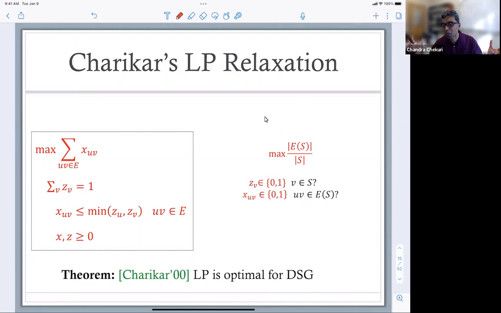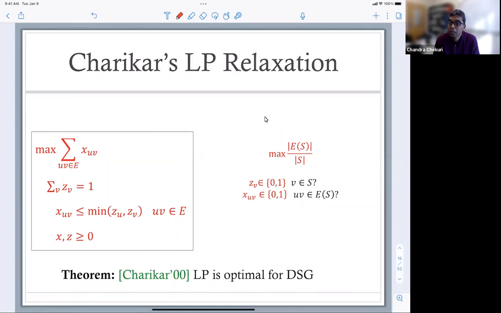That is saying that I want to pick some set. Now, when can I pick an edge uv in my graph? I can pick an edge uv only if both u and v are included, in the integer sense. So the way to model it is that I cannot include an edge unless both u and v are 1. So I'll write this constraint: x_uv is less than or equal to min of z_u, z_v.